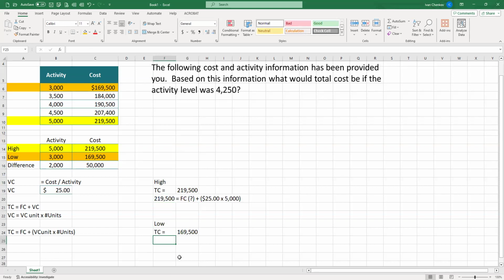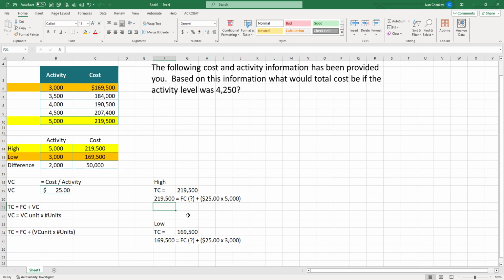For the low level, my total cost is 169,500, which should be equal to the fixed cost, which again I'm trying to find out, plus $25 times 3,000. Once I solve this formula, I should get the fixed cost component, correct?